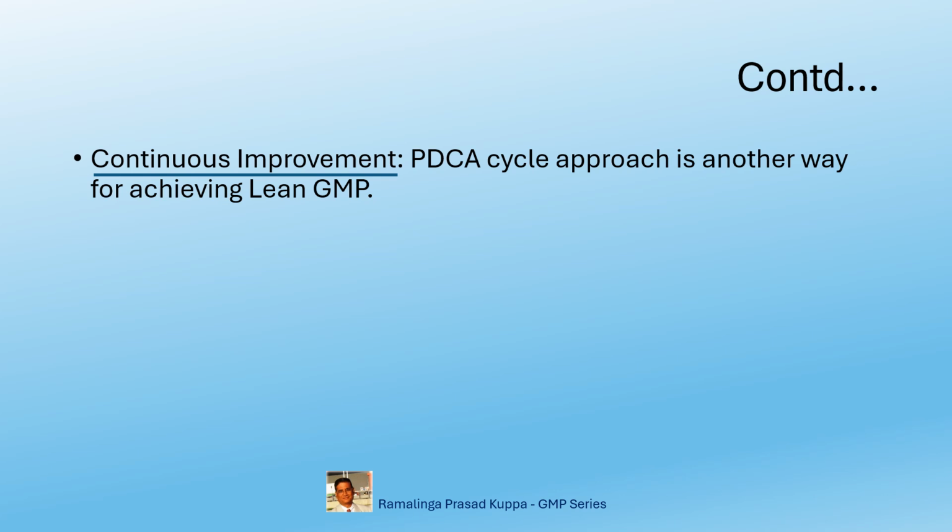Continuous improvement. PDCA cycle approach is another way for achieving Lean GMP. This is another approach. Six Sigma approach is the best way. The evaluation will take you through the present system and potential improvements.